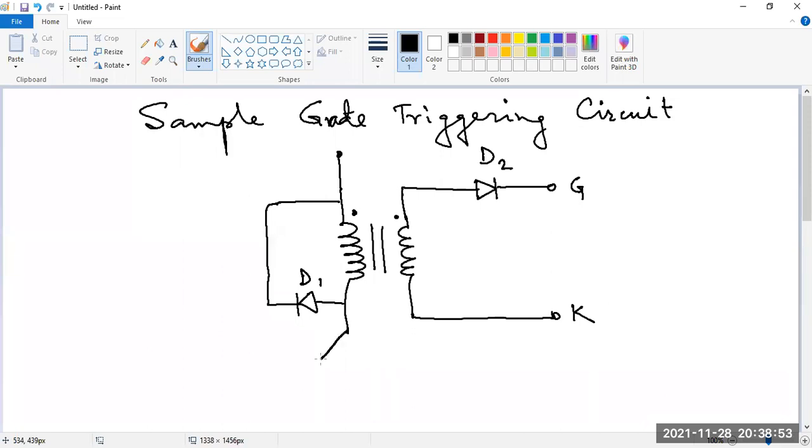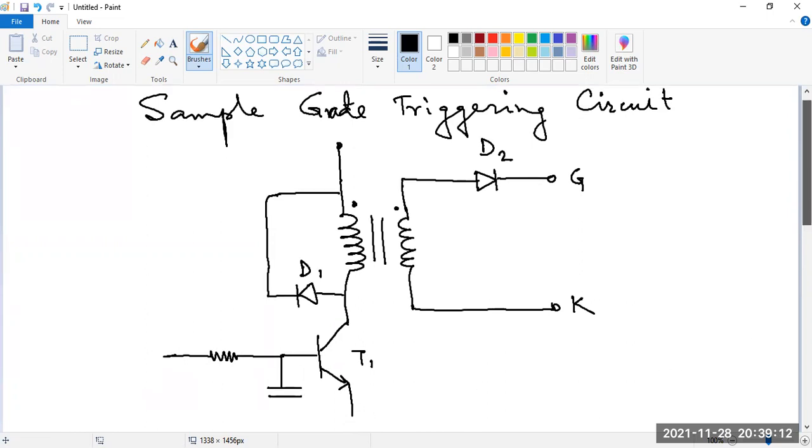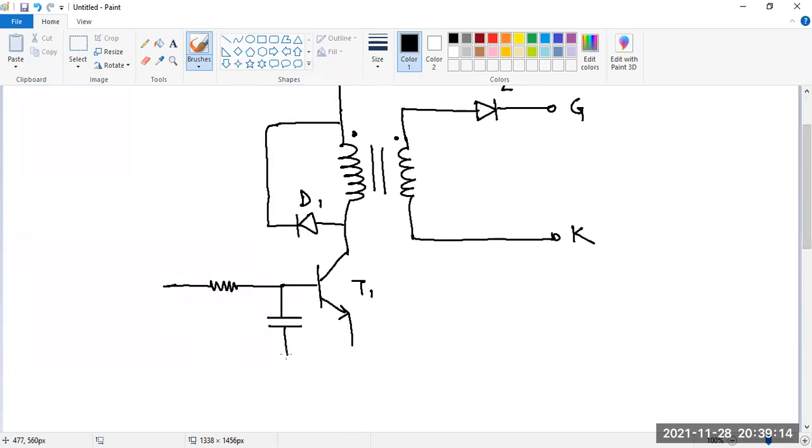And this will be connected to the collector of another NPN transistor, T1.